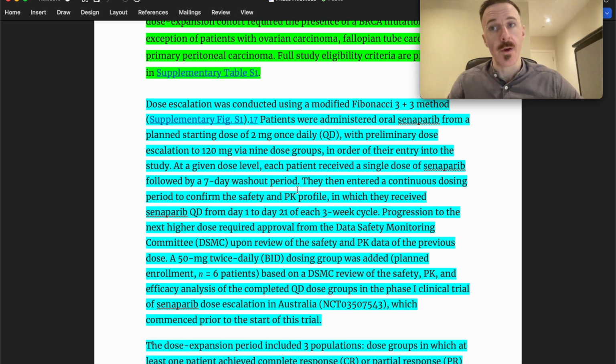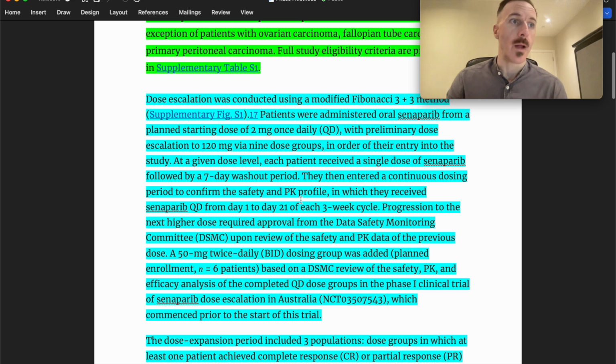The vast majority of phase 1 studies use this 3+3 method, starting at 2 milligrams once daily. The 3+3 design proceeds in cohorts of 3 patients treated at increasing dose levels. Dose escalation stops as soon as at least 2 out of 3 or 6 patients experience dose-limiting toxicities, DLTs, at that dose level.